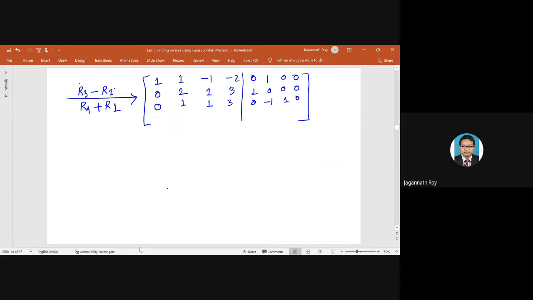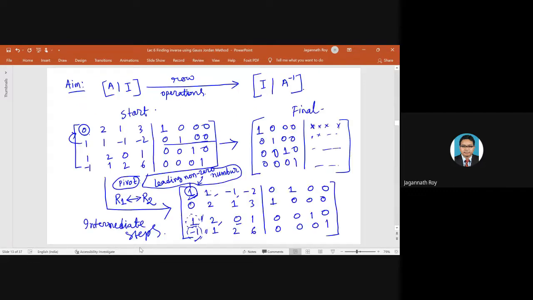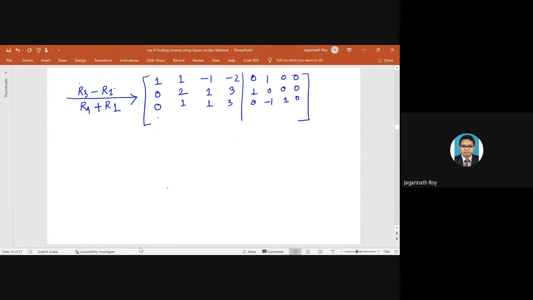And then the fourth row becomes, we have to add R4 plus R1. So this is minus 1 plus 1, so this becomes 0. So let us put 0 here. Then R4 plus R1 will give here 2, and then again it will give us 1 and 4. Finally, on the right hand side, we will have 0, 1, 0, 1.